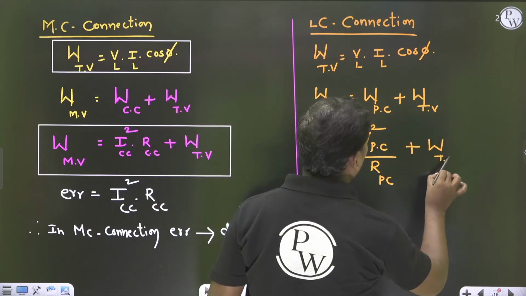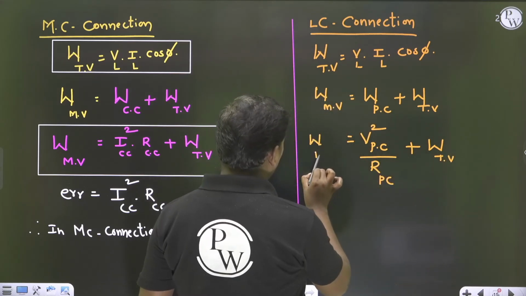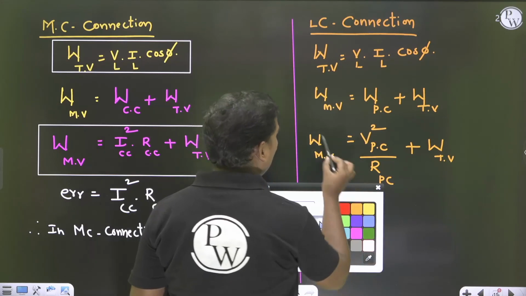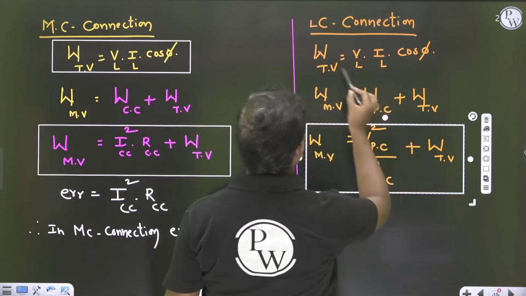What is the true value? That is the load power. So now the measurement value is again having an error compared to the true value.